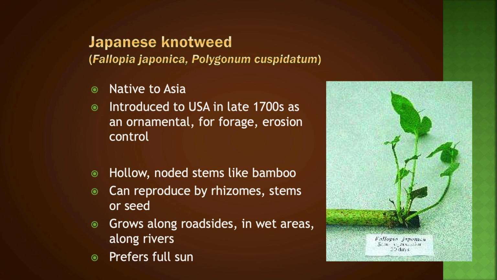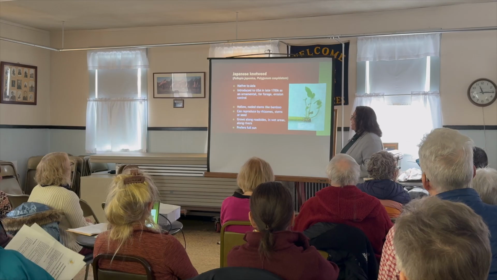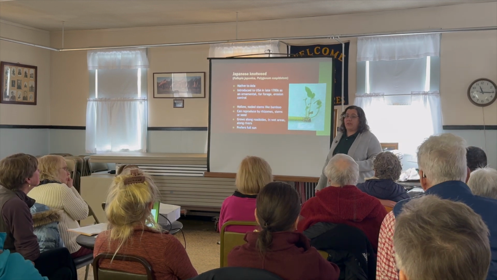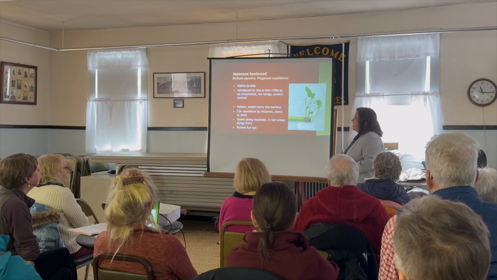And again, this is a long time ago, so the late 1700s. So they were just looking for cheap options that grew quickly that could feed grazing animals in an area. One of the very first introductions of knotweed was actually out at UMass Amherst.